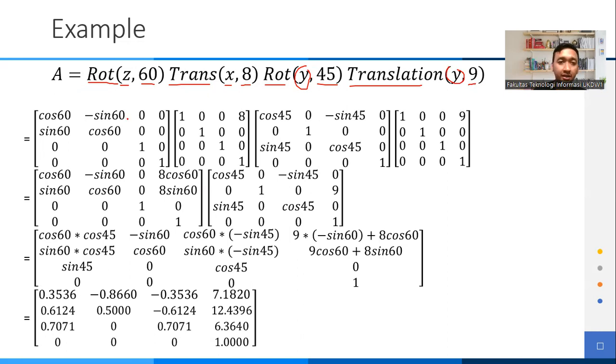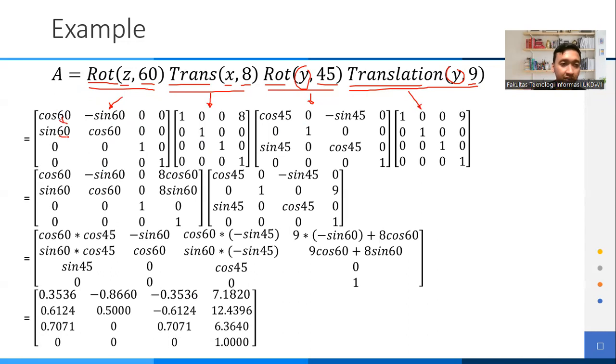So each process has a transformation matrix. For the rotation and the translation, we can use the previous slides to arrange this transformation matrix. We have a rotation here and a translation, and we input the degree.